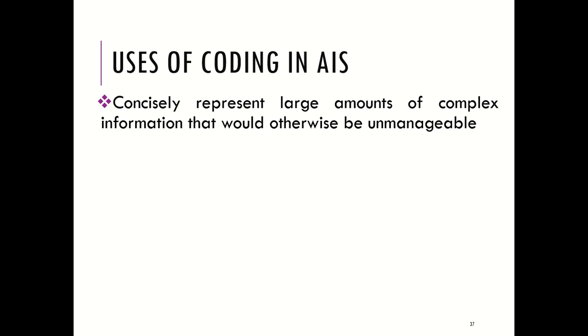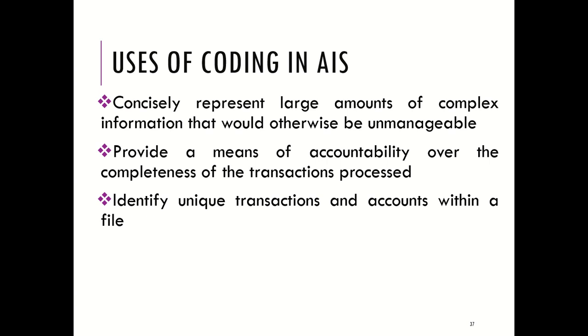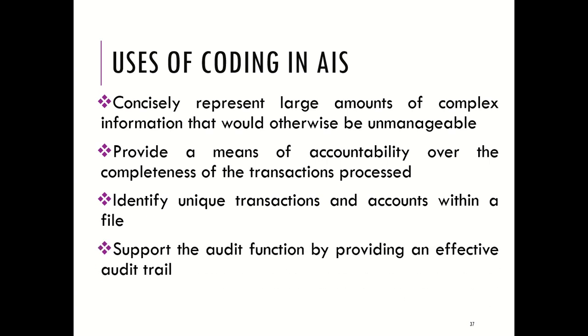Because we have more complex information that is not manageable, we use coding to simplify terminologies or even some of the things that we need to use in our accounting system. It provides means of accountability over completeness of a transaction being processed. It is also to identify unique transactions and accounts within a file and support the audit function by providing an effective audit trail. So these are some of the benefits of coding.